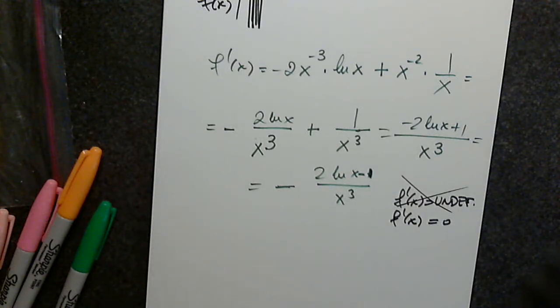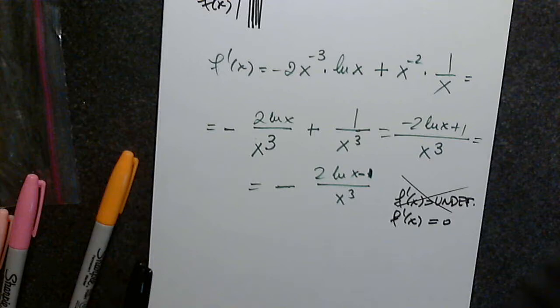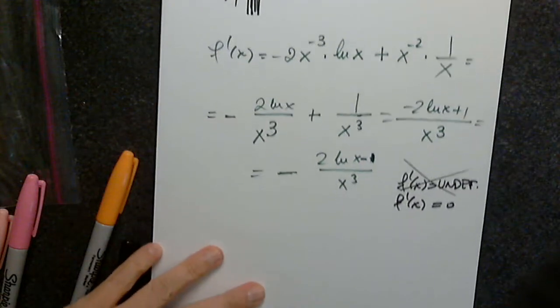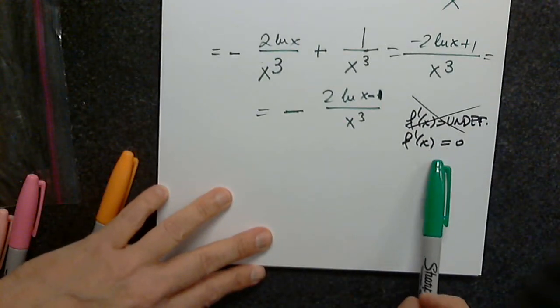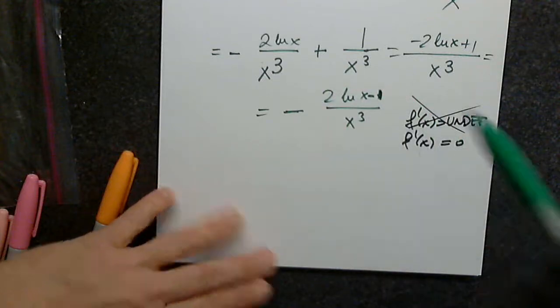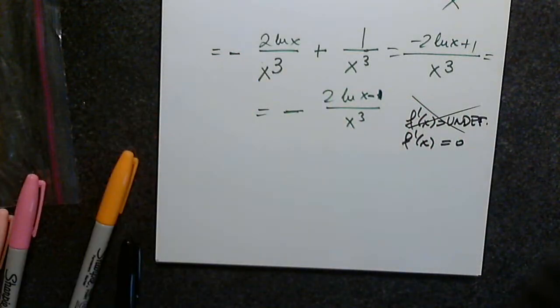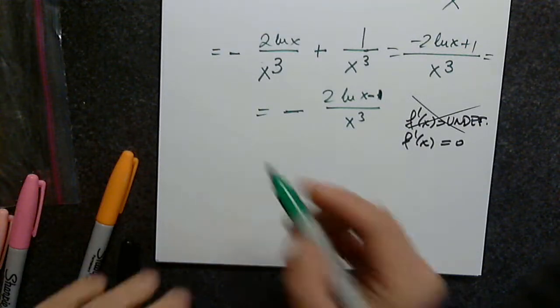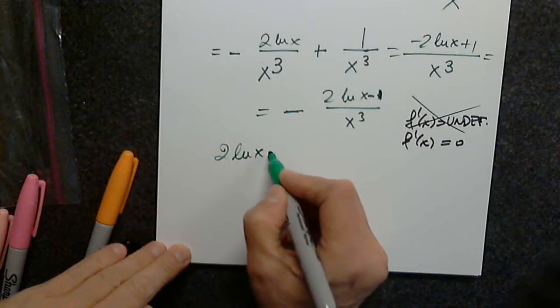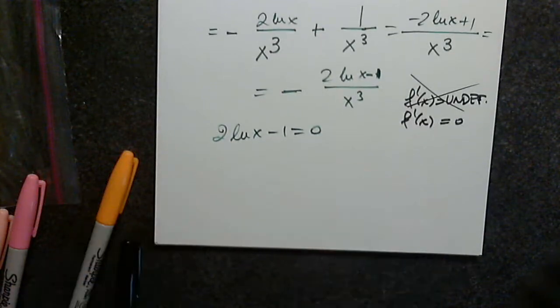Good. So the only possibility, in case this function has critical numbers, has to come from here. But this is a fraction, the derivative. When is a fraction 0? Only when the numerator is 0. 2 natural log x minus 1 equals 0.